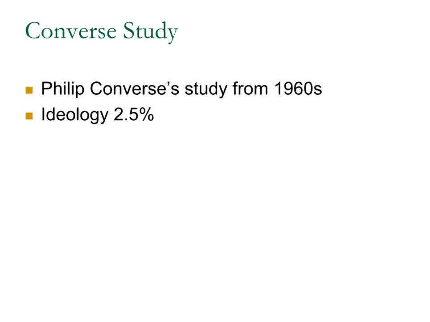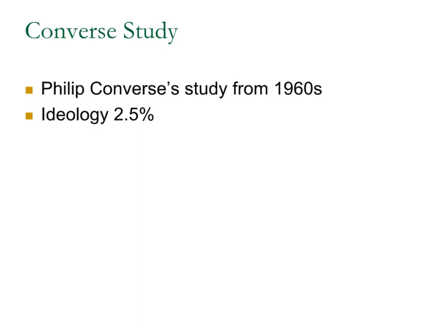So he asked a representative sample from the nation lots of questions, and through these questions he tried to determine why they had voted the way they had in the previous election. Now, what he found was rather troubling.